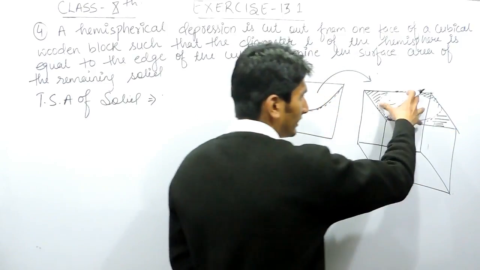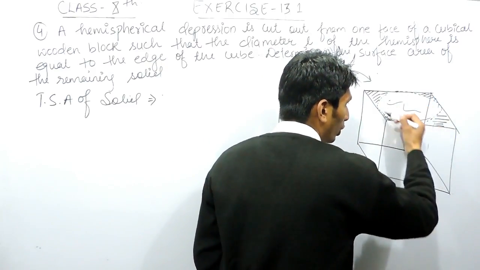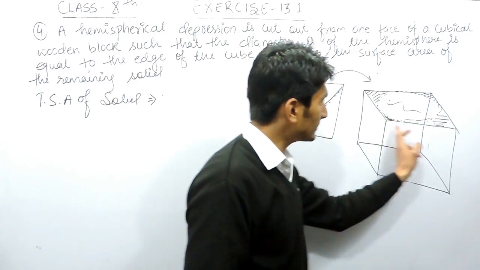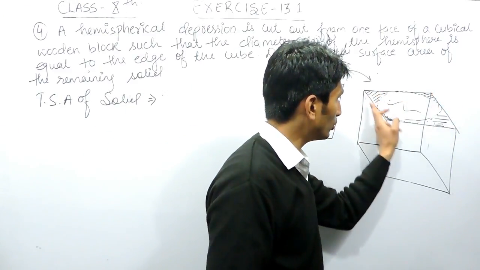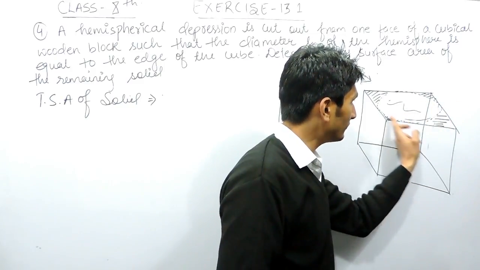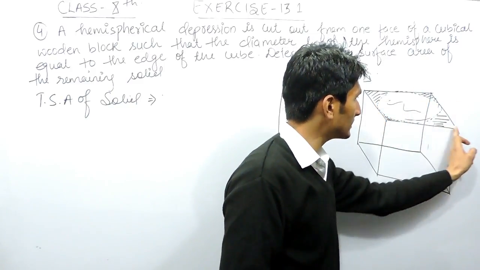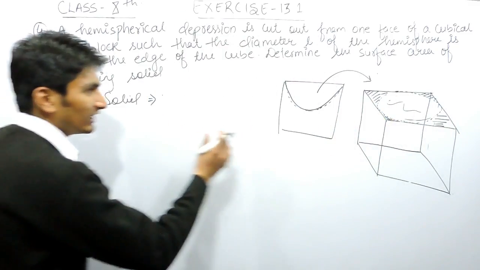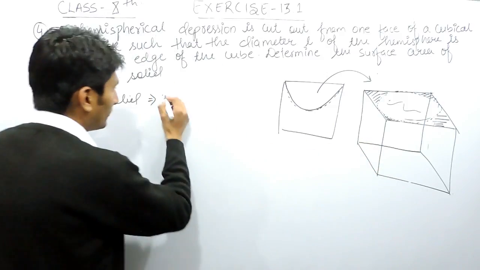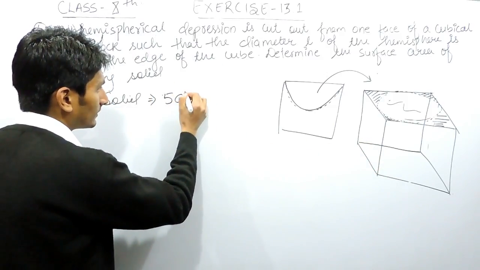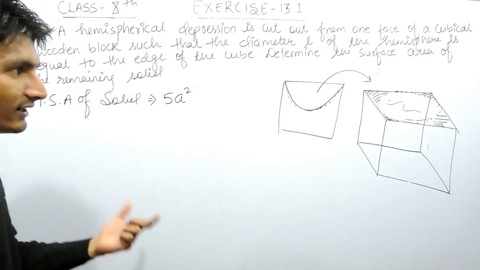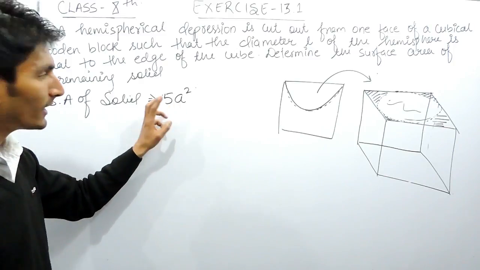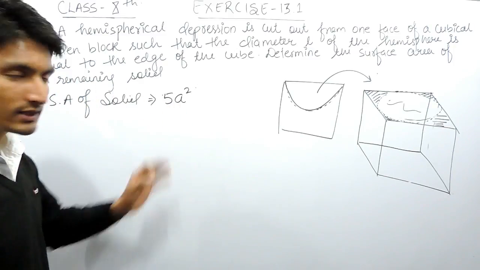To find it, subtract the area of the circle from the area of this face. The area of one face is the square of the edge, and 5 faces will be clearly visible.